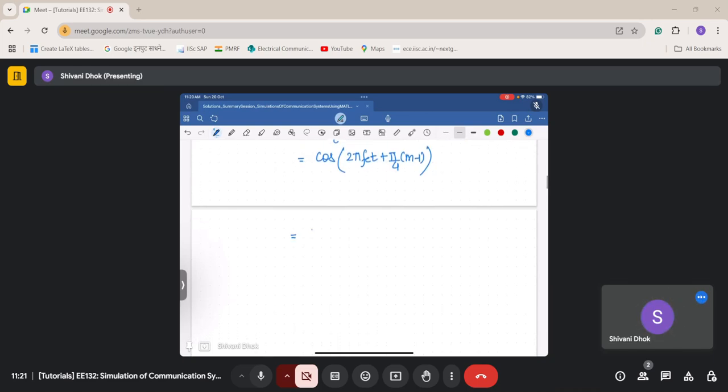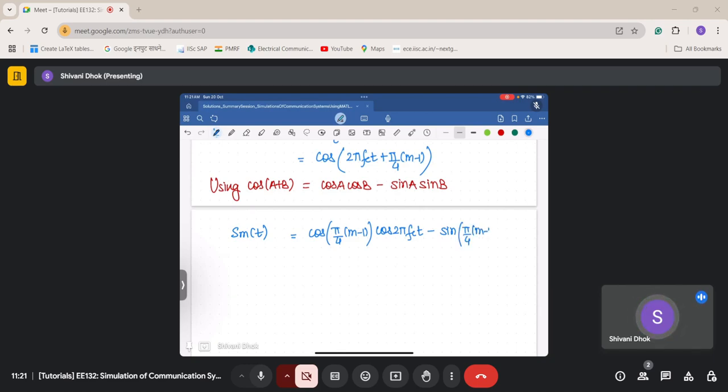Now this is cos of a plus b, so using cos of a plus b equal to cos a cos b minus sin a sin b, what we get is s m of t equal to cos of pi by 4 (m minus 1) into cos of 2 pi fc t minus sin of pi by 4 (m minus 1) into sin of 2 pi fc t.